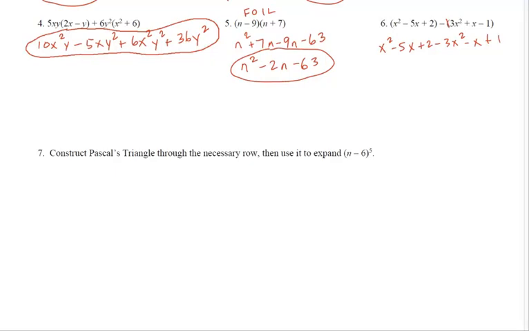So we have a couple of x squared terms. 1 minus 3 is negative 2x squared. We have a couple of x terms. Negative 5 minus 1 is negative 6x. And then we have constants. 2 plus 1 is 3. And there's our answer for number 6.